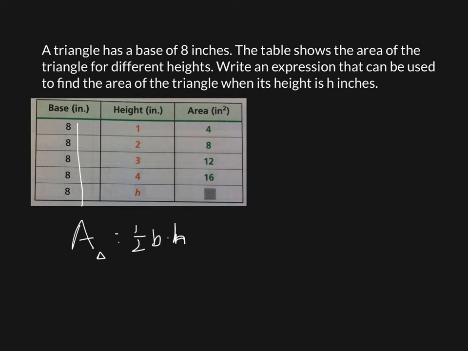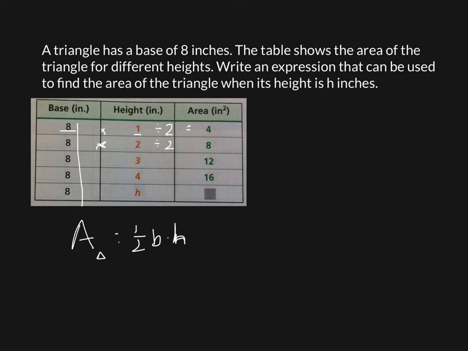Okay, so if I look at this, I know 8 times 1 is 8, and then I'm going to divide by 2 to get my answer. Multiply the base and the height and divide by 2 to get my answer. Because I know that, I can figure this out, but we need to be really careful that we're looking for those patterns.